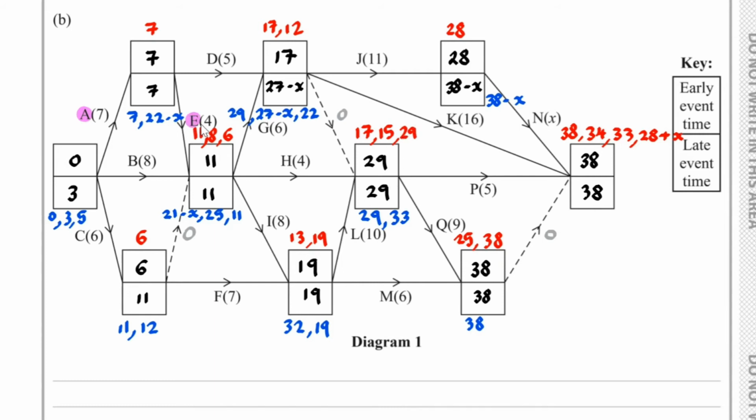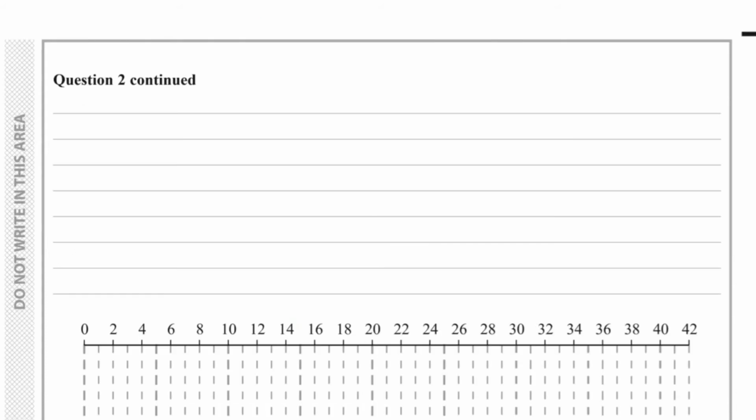A has 0 float time. You can also see that I has 0 float time. You can also see L has 0 float time, and also Q has 0 float time.